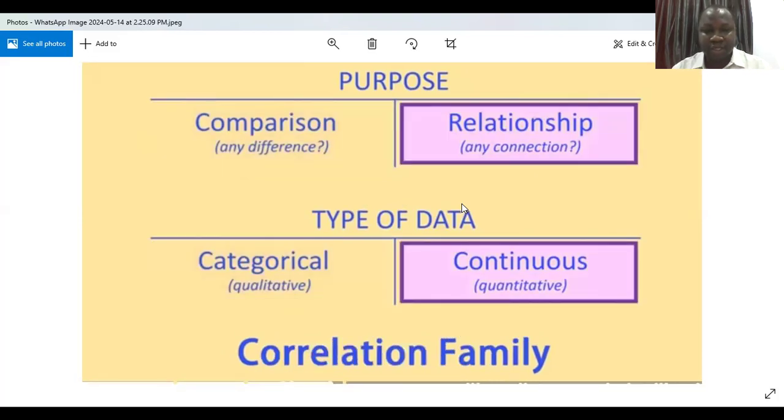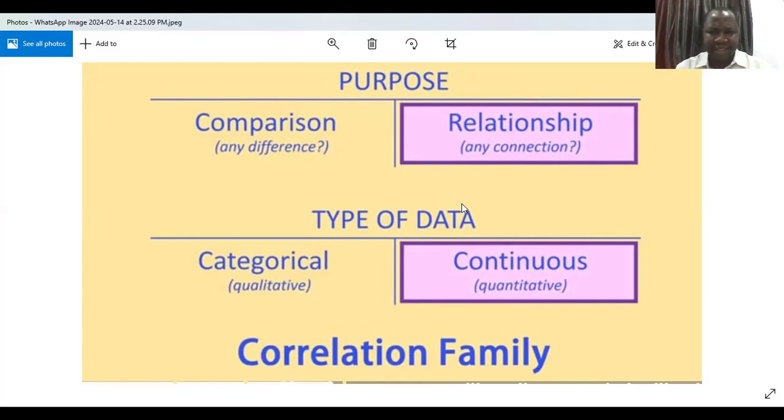Now look at this second one, relationship. When your data is continuous and you are looking at relationships, you are looking at the correlation family and the regression family. Correlation and what? And regression family. So it should be at the back of your mind. I'm looking at connections, at the effect of this on this, and my data set is continuous.